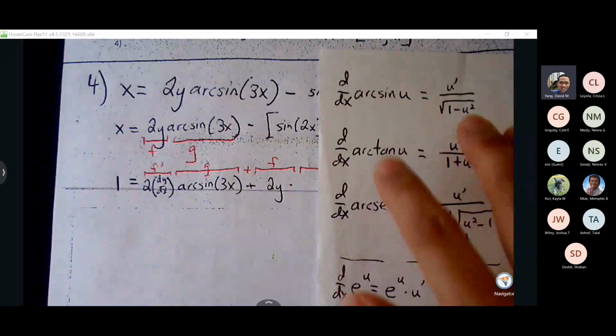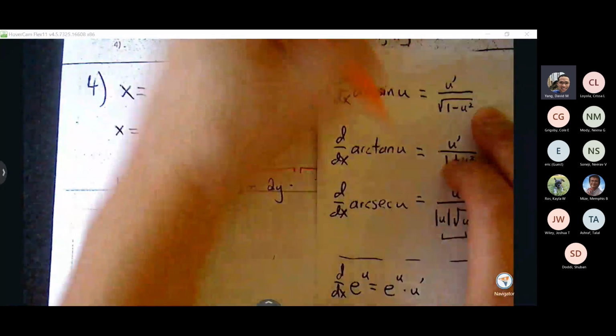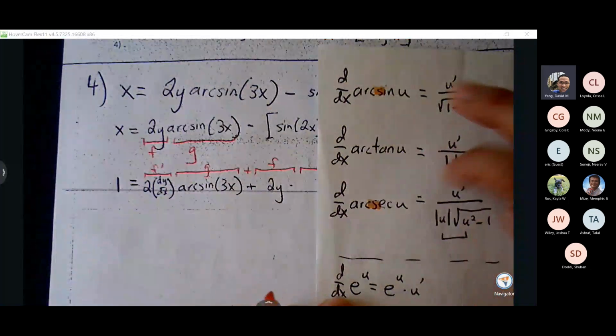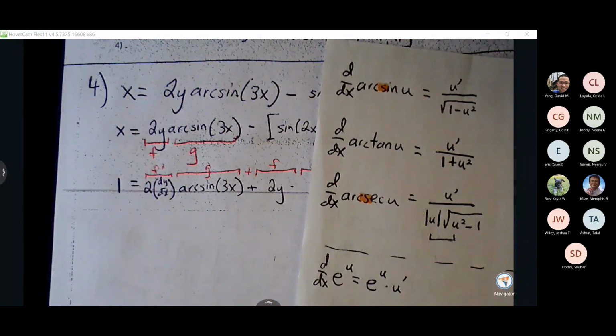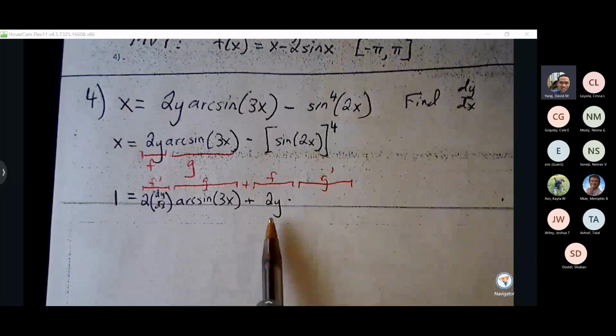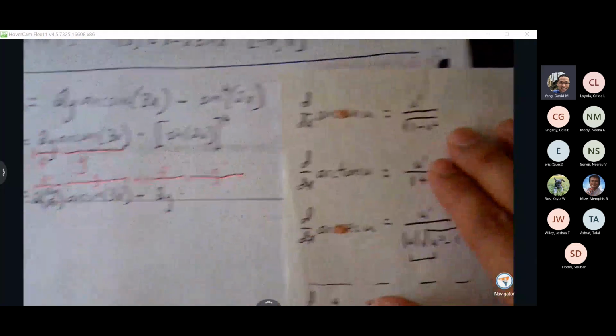I heard a student say this yesterday: what helps them remember is there's an s, so that reminds them that there's a square root in the denominator. So we do u prime over square root of 1 minus u squared.